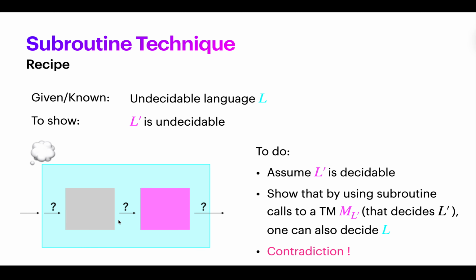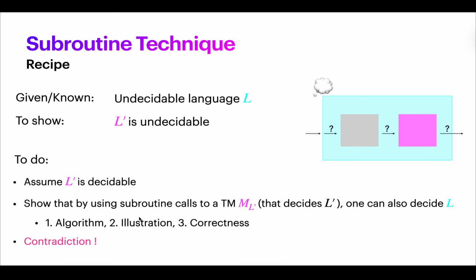We could just switch the inputs. We could put some things before, put a subroutine in the aftermath, whatever. But at the end of the day, it's important that we use that Turing machine for L prime, and using that we arrive at a Turing machine for the undecidable language L, which is a contradiction. Here you can see that Turing machine in blue. So this is the illustration.